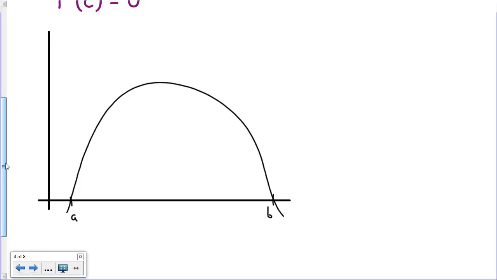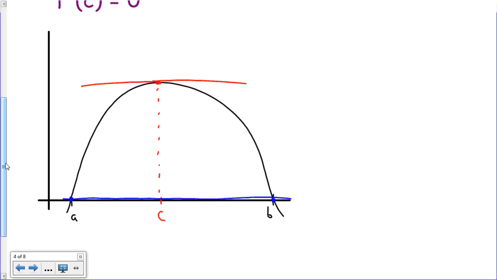And the conclusion then is that there exists some point c, which must be somewhere about right here, such that f prime at c has a slope of 0, which, like I stated, if we look at our secant line that goes through these two points, our secant line has that exact same slope.